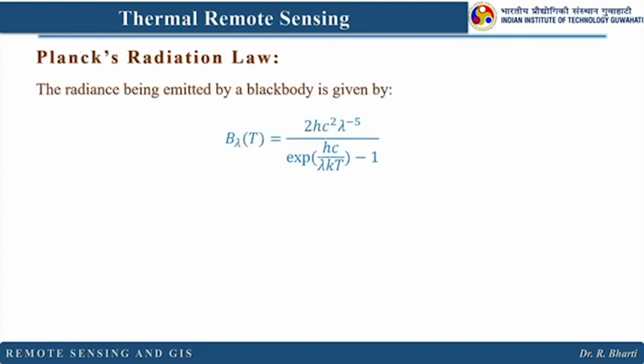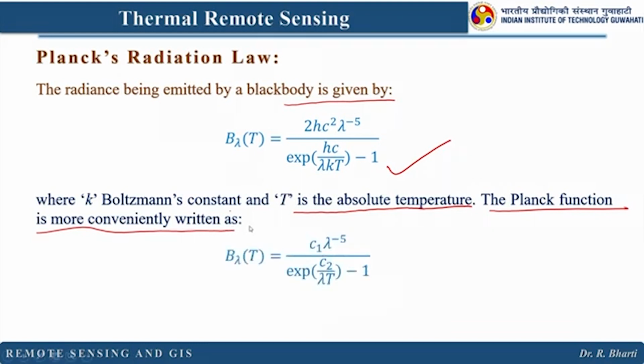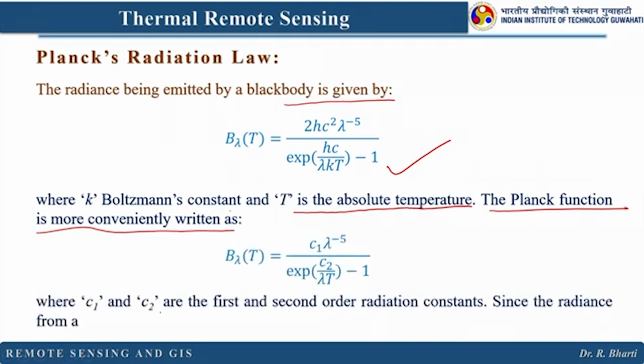Then the next one is Planck's radiation law. So the radiance being emitted by a black body is given by this formula, where K is the Boltzmann constant and T is the absolute temperature. The Planck function is more conveniently written as this, where C1 and C2 are basically the first and second order radiation constants, right?